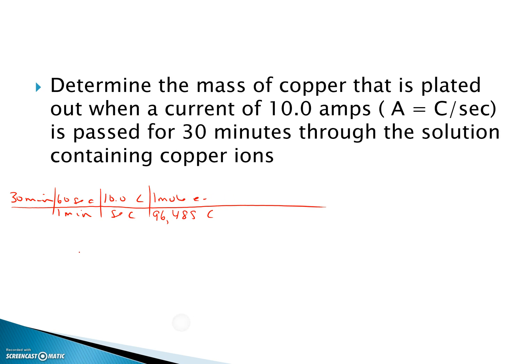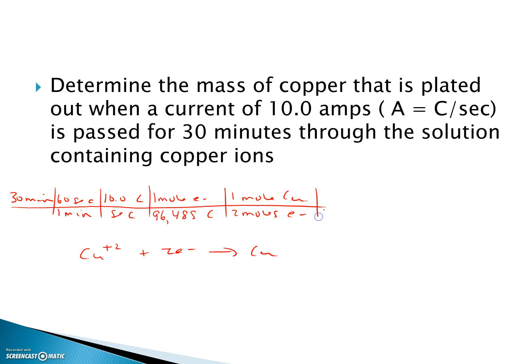Now for this particular problem, we're going from copper 2 ions to copper atoms, so that means we need 2 electrons. So for every 2 moles of electrons, we're going to produce 1 mole of copper plated out.